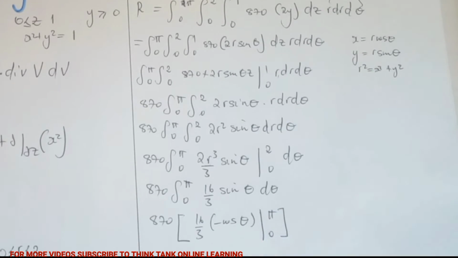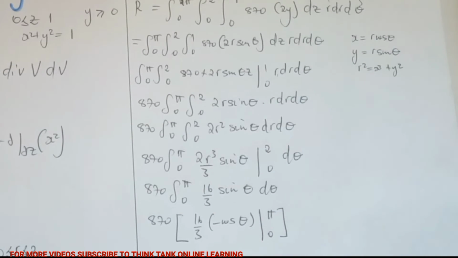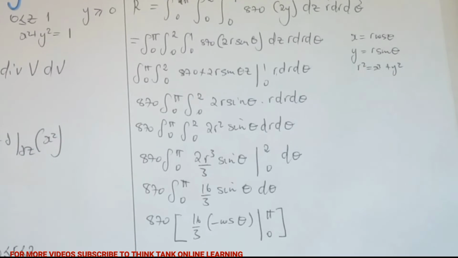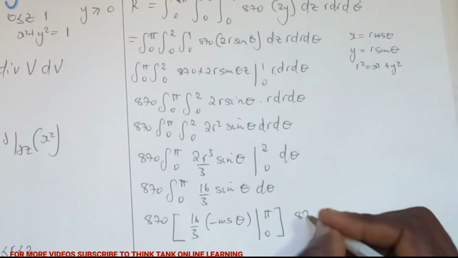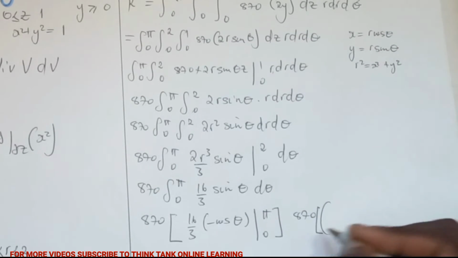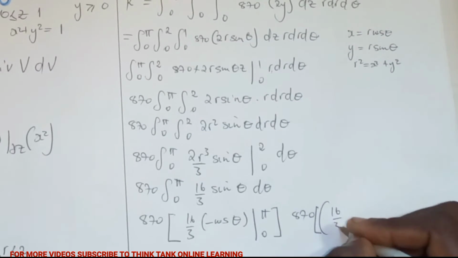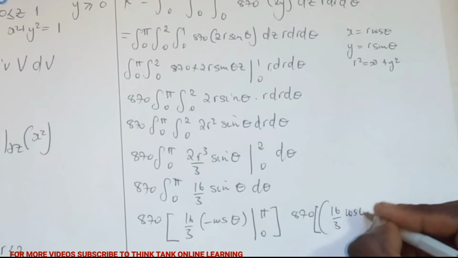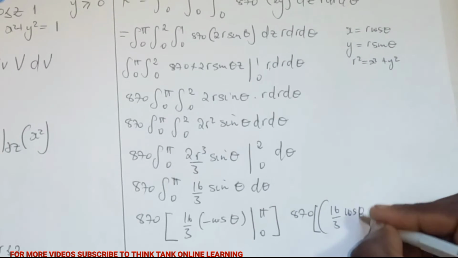Okay, and now I'm going to say lower bound minus upper bound. Okay, so it's going to be 870, 16 over 3, cos 0, cos pi.